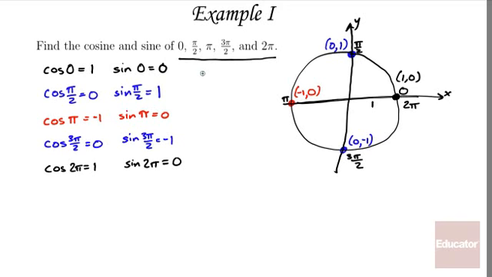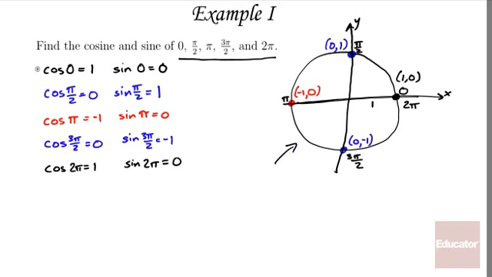If you ever forget them, though, if you can't quite remember what the cosine of pi over 2 or the sine of 3 pi over 2 is, just draw yourself a little unit circle and figure out what the x and y coordinates are, and you can always work them out.